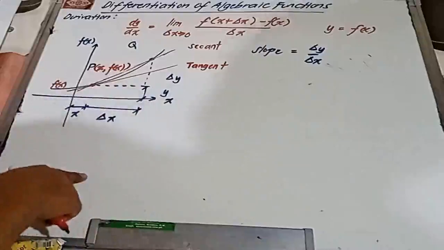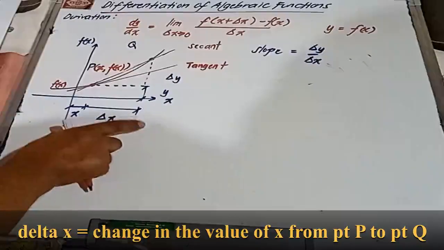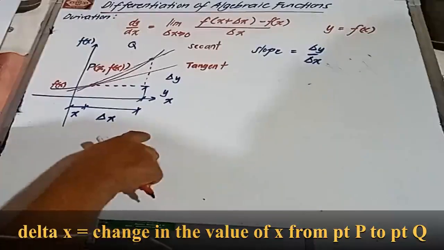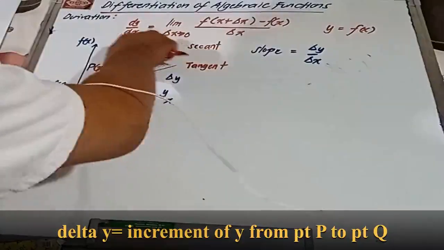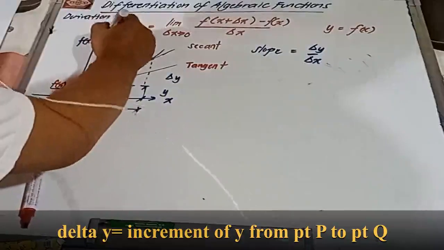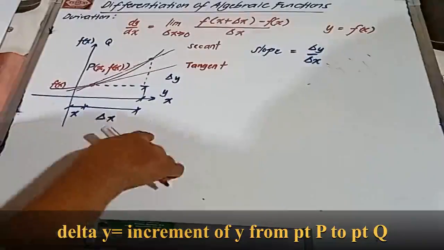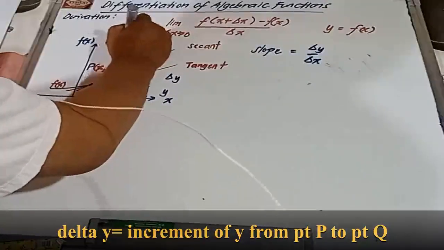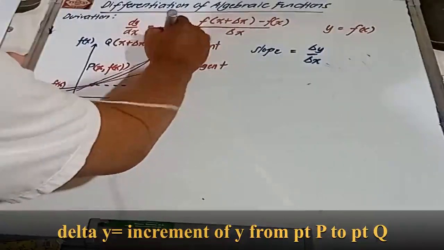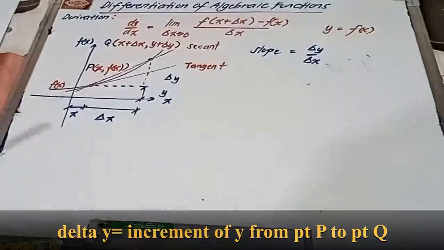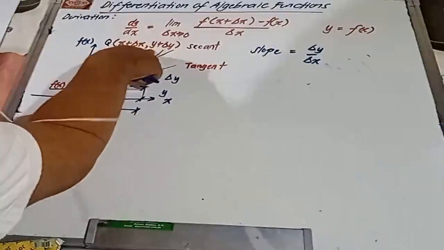Ano naman ang coordinates ni point Q? Ang point Q natin will be x plus delta x, yun yung kanyang horizontal distance. Okay? X plus delta x, and then vertical distance niya, y plus delta y. Pwede ko bang sabihin na yung y natin in terms of x dito?